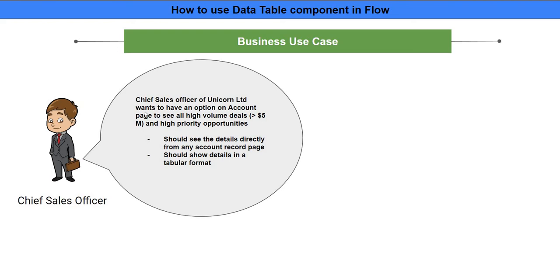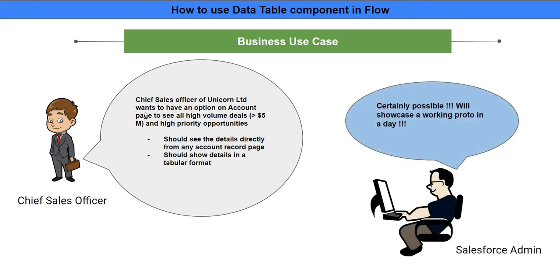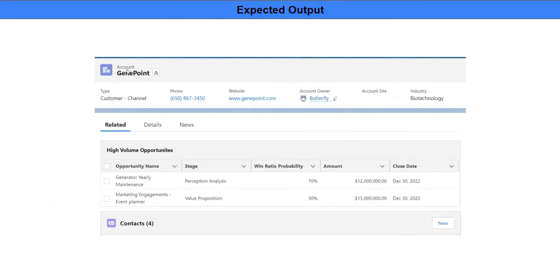As an admin, we're going to do that without writing a single line of code. This is how the final output will look: on the account record page, there will be a section where we show that screen flow with all the details in a tabular format, just like this.